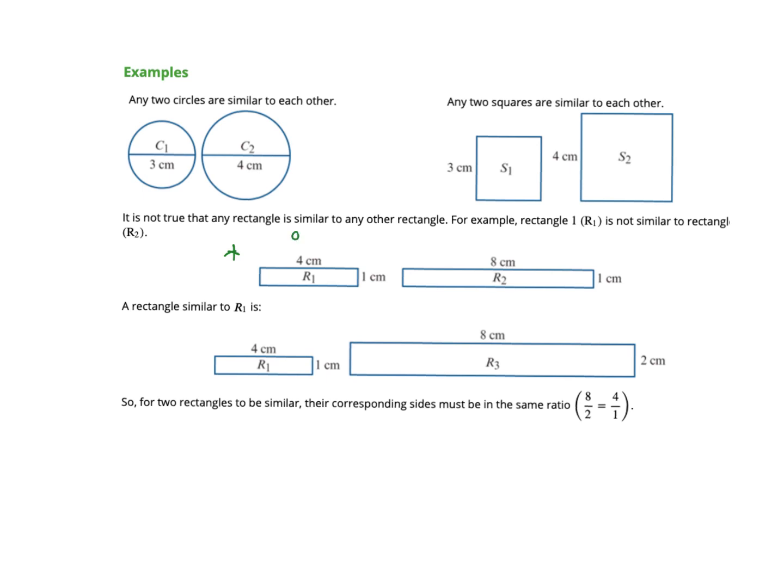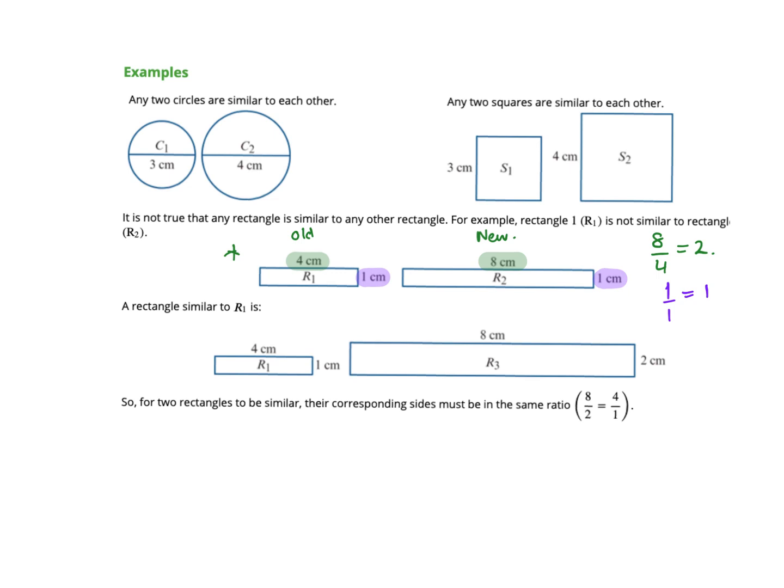So I'm going to call this the old object and this is the new object. If I do this side here, to work out the scale factor, I go 8/4, that would equal 2. That means if it's similar, we should get the same value when we do the other side. So if I do the purple side, that's 1/1, which is 1.